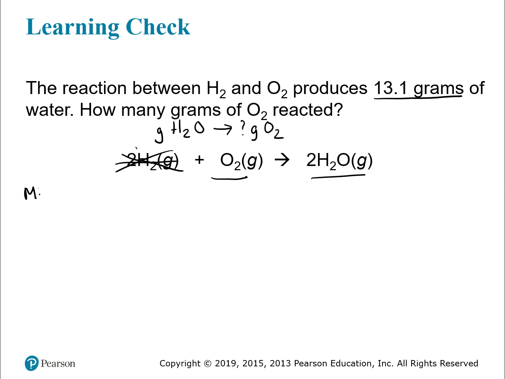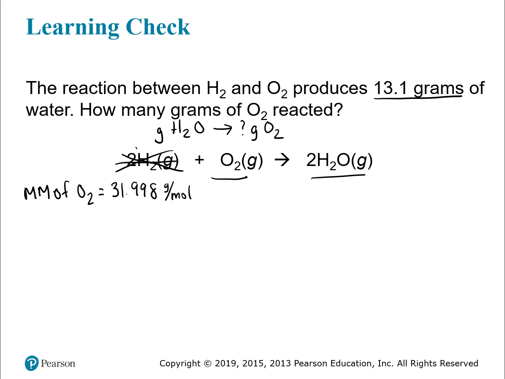The only two things we're concerned with are the oxygen, which we need a molar mass for. It's about 32. Again, the book may have a slightly different periodic table that doesn't have as many significant figures as the one I'm using.